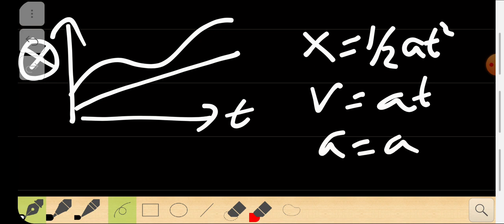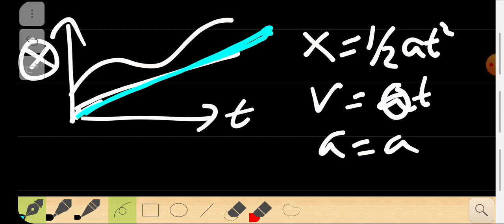Velocity is starting from 0, from the origin, and the velocity has a slope of a, whatever a is.